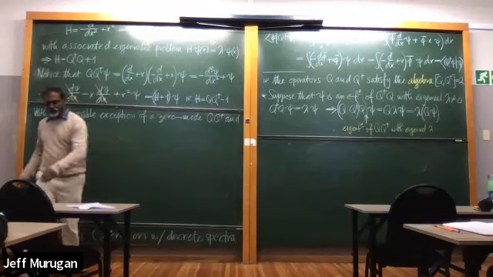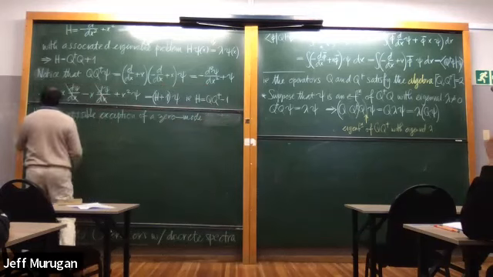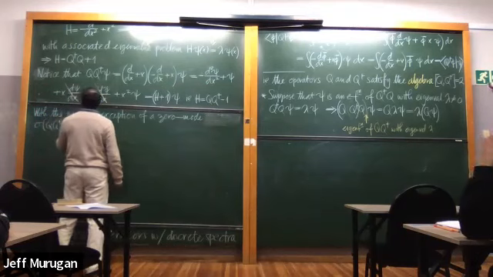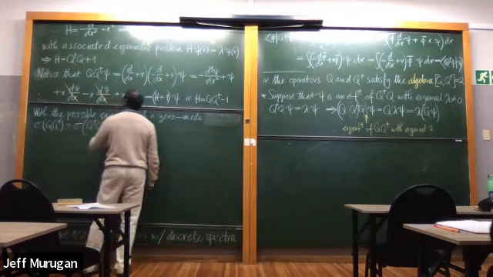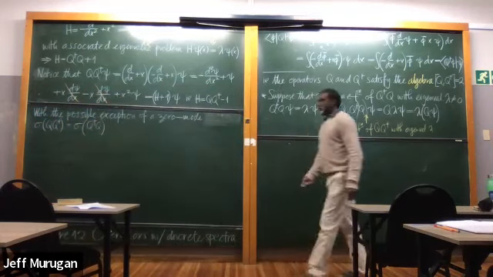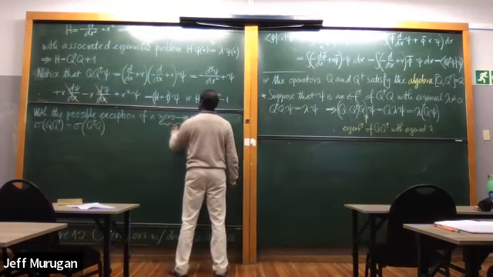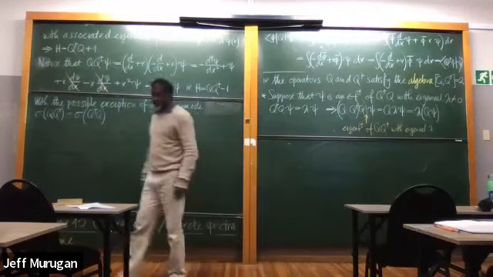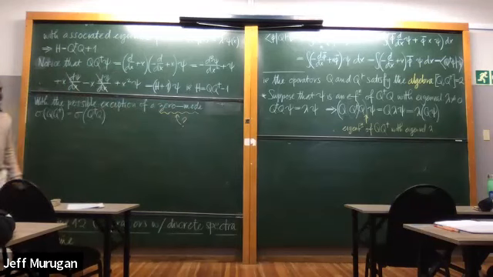Right, let's use our notation. The spectrum of Q Q dagger is the same as the spectrum of Q dagger Q, with the possible exception of zero modes. So the question then is, should we be concerned about this? The answer is, for our problem, the harmonic oscillator problem, yes, we actually should be concerned about this. So the first question is, are there any zero modes? And the answer is yes.